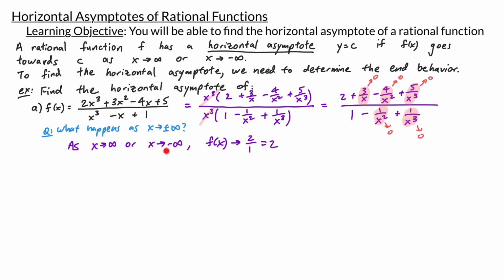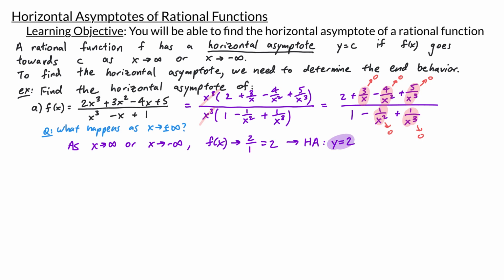And also, as we trace to the left, our y-values are getting closer and closer to 2. Since our outputs are going closer and closer to 2 in either direction, we would say that our horizontal asymptote is y equals 2. So again, I'll write here our horizontal asymptote, which I'll abbreviate with HA, is y equals 2.